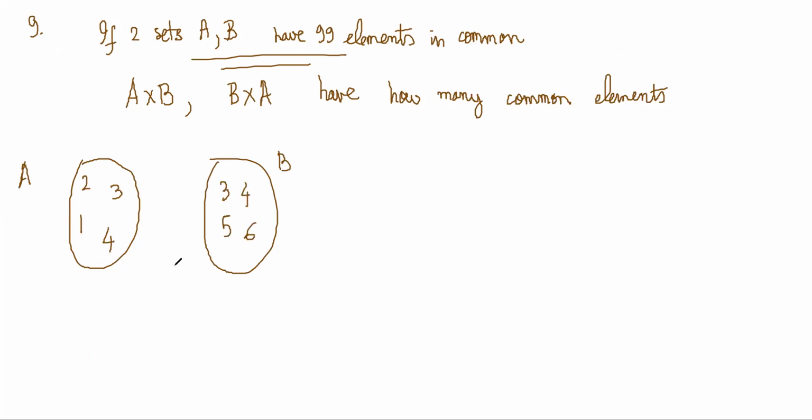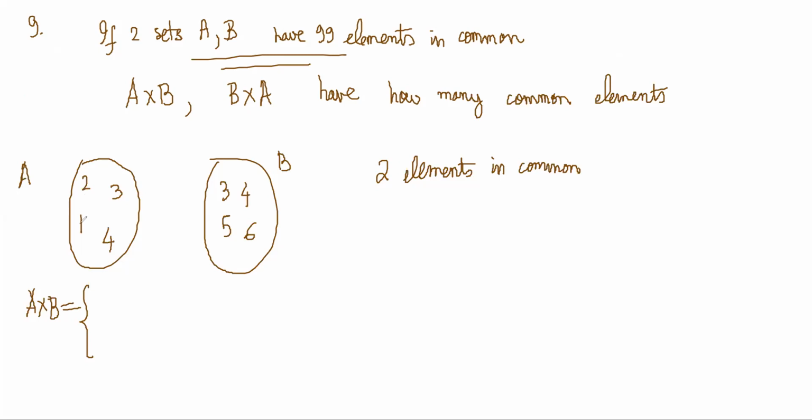Right now they have two elements in common. So A cross B, the Cartesian product, will have 16 terms. I should have taken just three.